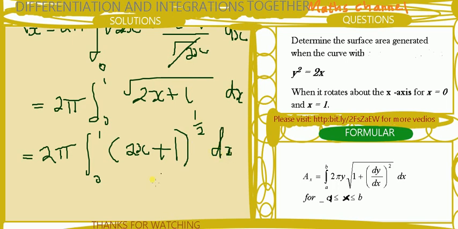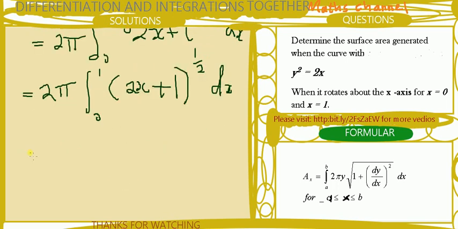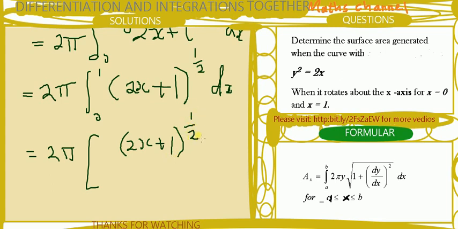Adding 1 to the exponent because we are integrating, we have 2x plus 1 to the power 3 over 2. As you can see, there's a function inside a function, so we must also take care of the inside function. So you'll have 2, and we'll put our limits as 0 and 1.